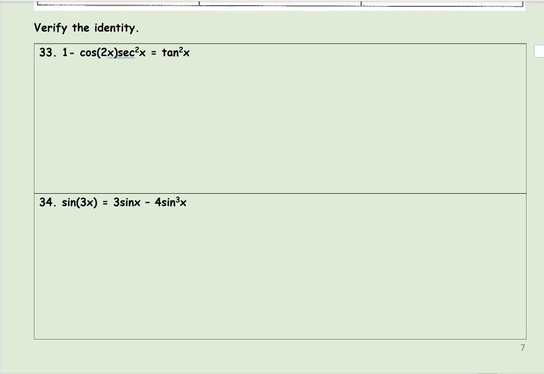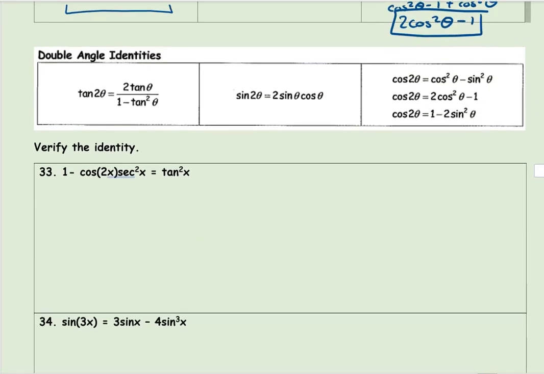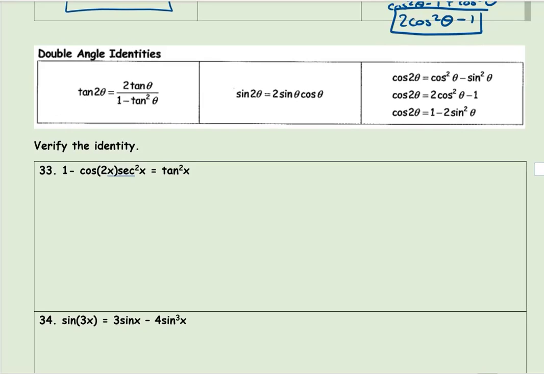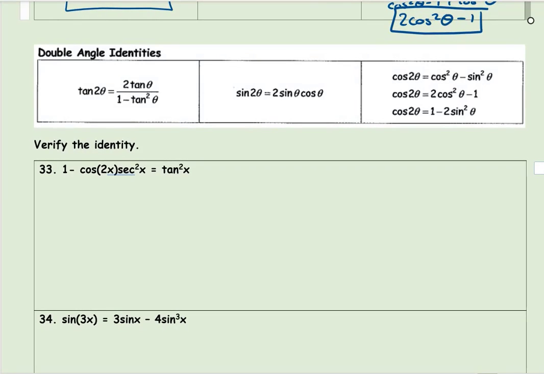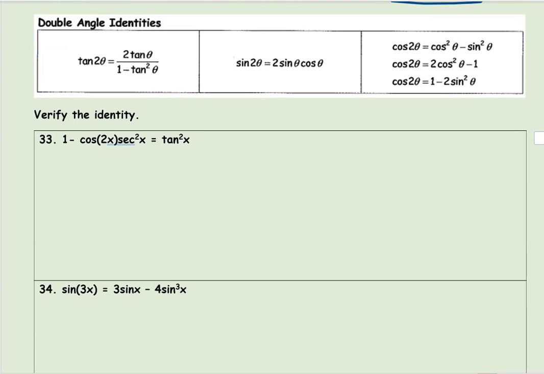So what I'm going to do is I'm actually going to use the double angle identity right here. Now, the question is which one do I want to use? So I know this cosine of 2x is going to be multiplied by the secant squared x. And I want that secant squared of x to go away. So I know that secant squared and cosine squared would actually cancel each other out.